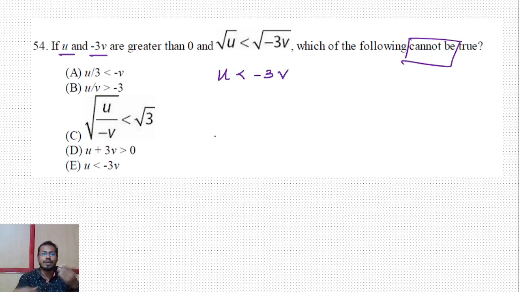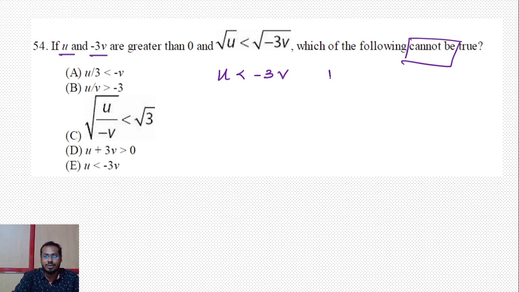The root of u and the root of negative 3v keep the same order, because which is greater is the same concept even without the root. I am going to take this as the easiest way.